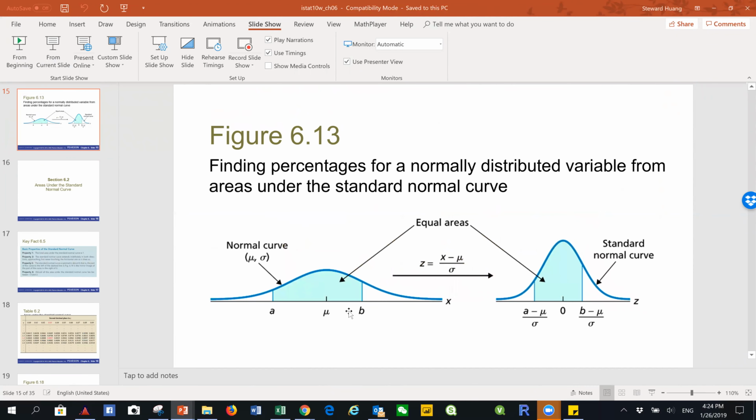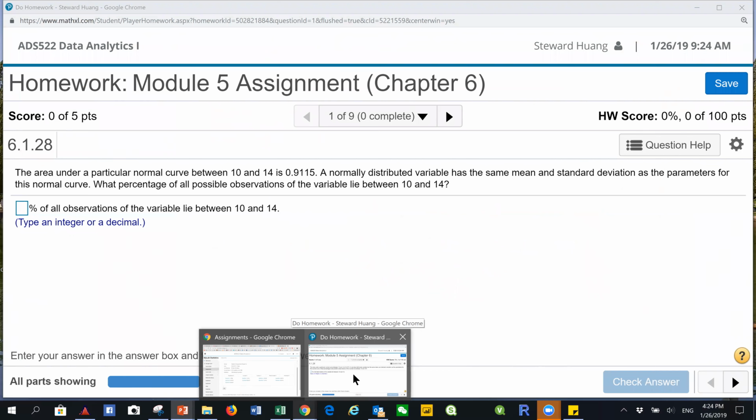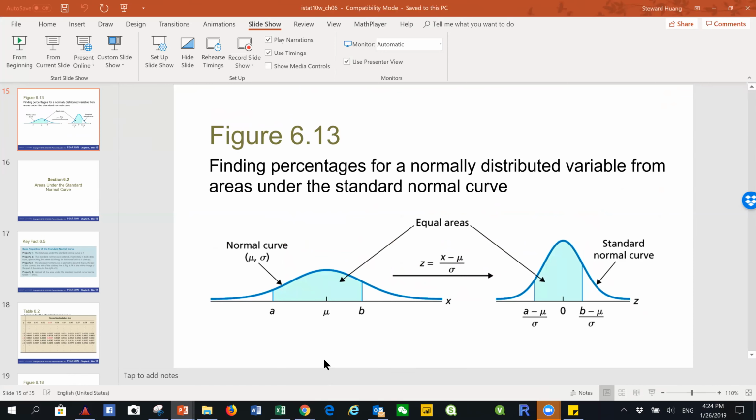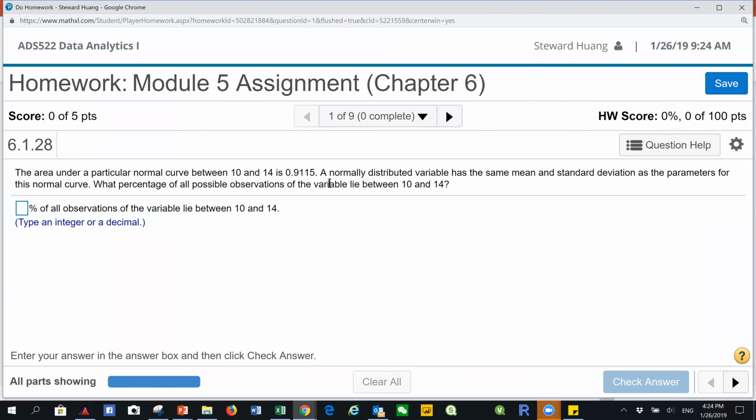So between 10 and 14. What percentage of all possible observations of the variable lie between 10 and 14? So it's just 0.9115 times 100, because it's as a percent.